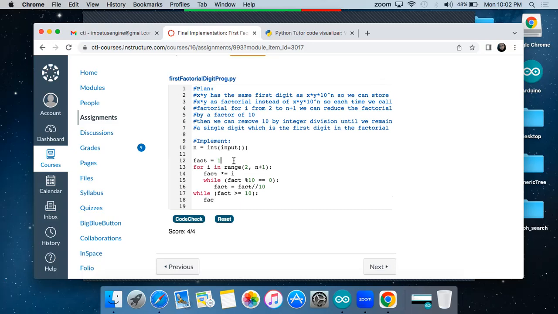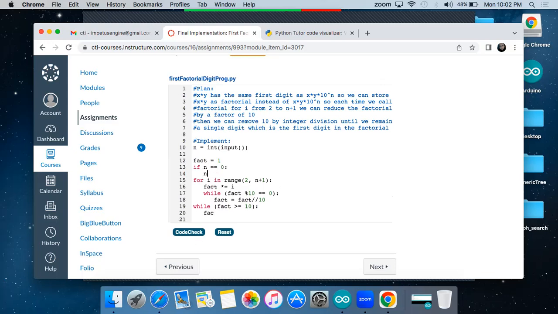so there's one portion that we need to remind ourselves. If n equals 0, then print 1. And if n equals 1, then print 1.